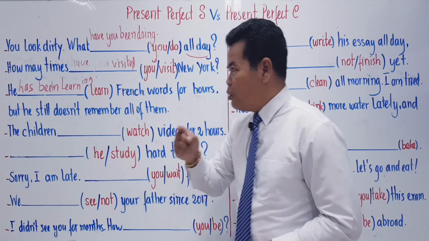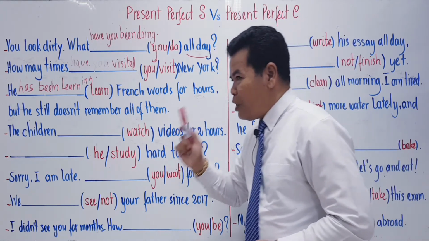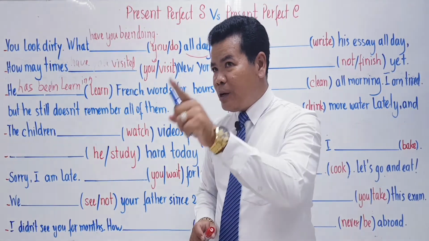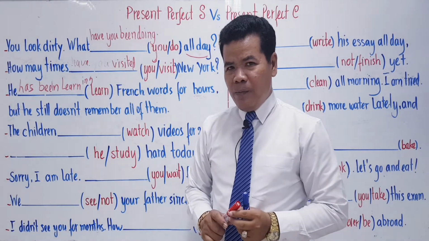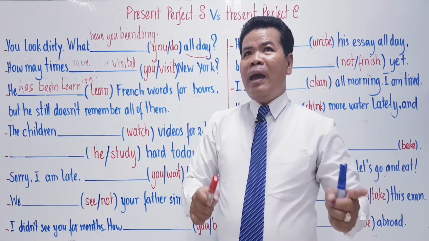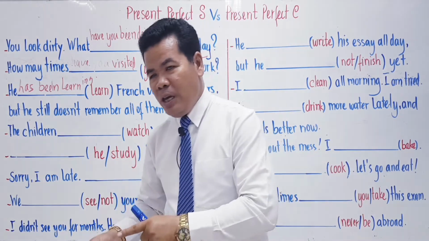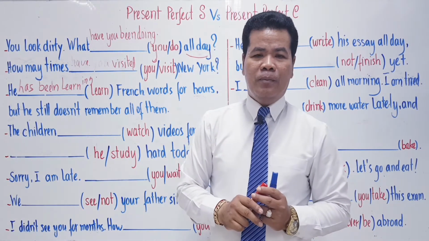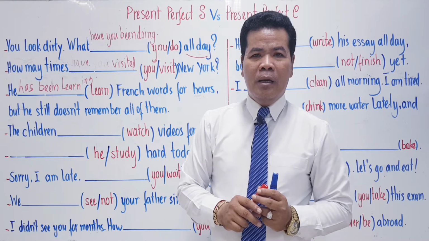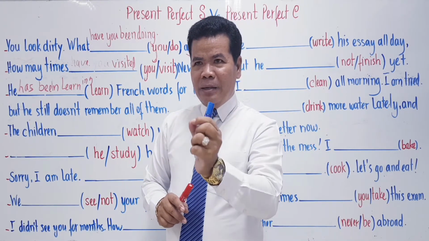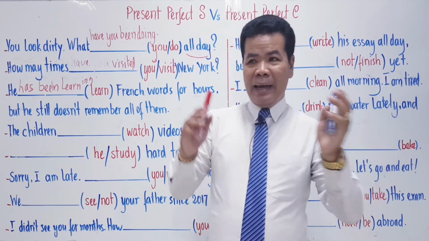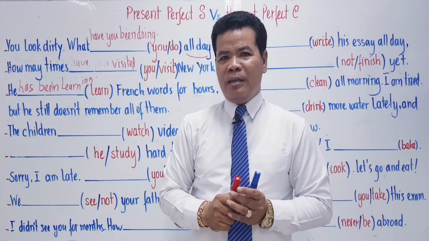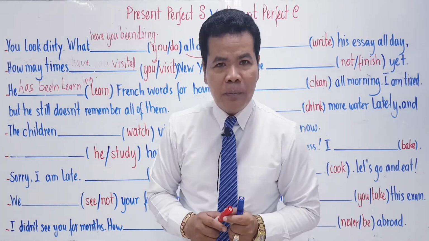But the thing we are going to do now is try to think about the result now. When you go to someone's house and the children are still watching TV, and then the parents tell you, they have been watching video for 2 hours. Okay? So, something that happened in the past and is still continuing to the present, we use present perfect progressive.